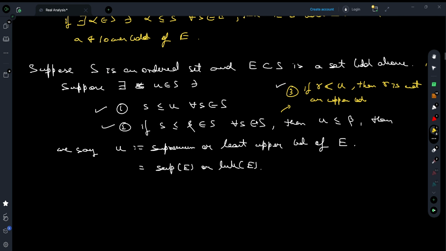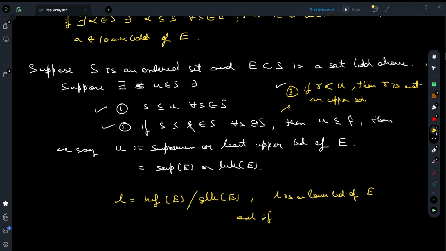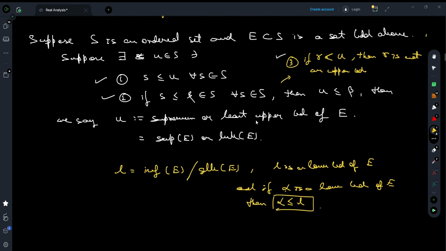A similar definition also applies for what we call the greatest lower bound or the infimum of E. That is, we say L is the infimum of E or the greatest lower bound of E if L is a lower bound of E, and if alpha is a lower bound of E, then L is greater than or equal to alpha.